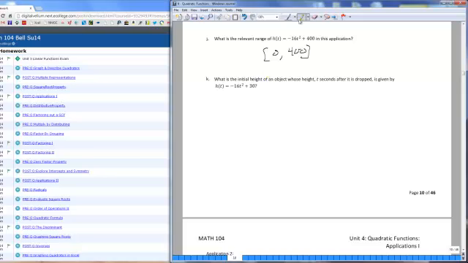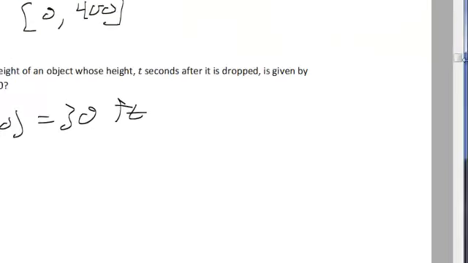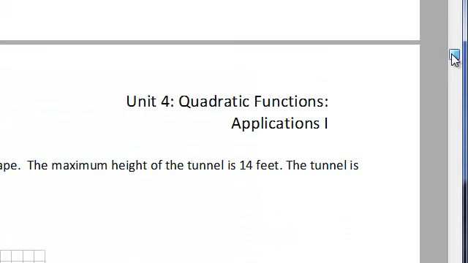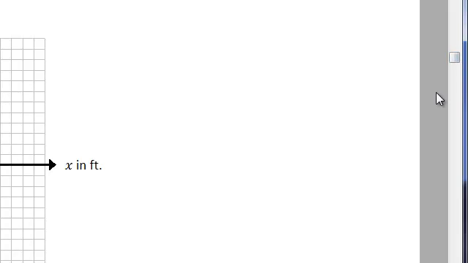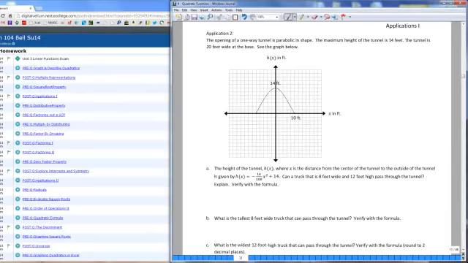What is the initial height of an object whose height t seconds after it is dropped is given by this function? So h of 0 equals 30 feet. So the initial height would have been 30 feet if that is the function. What you have to be careful of when you're doing this problem, which is one in your homework, so I'm not going to do it, is that x represents half of this distance. So if a truck is 8 feet wide, that means this is 4 feet, so it's 4 out here to negative 4.